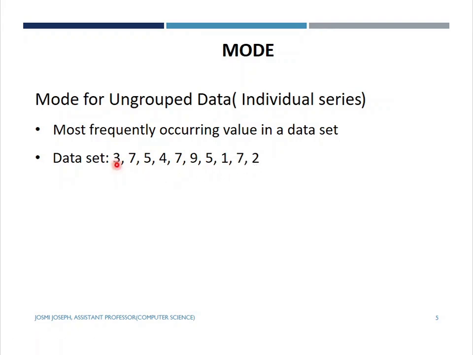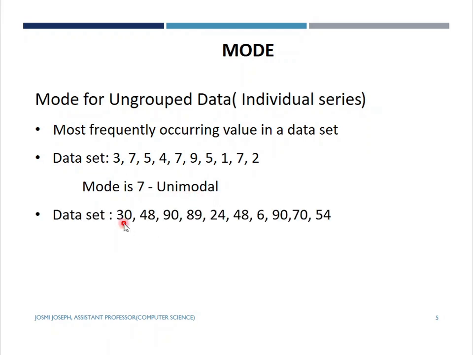So in this set, 7 is the value which occurs the maximum number of times. So the mode for this data set is 7. Since we have only one mode for this data set, this is known as a unimodal data set.